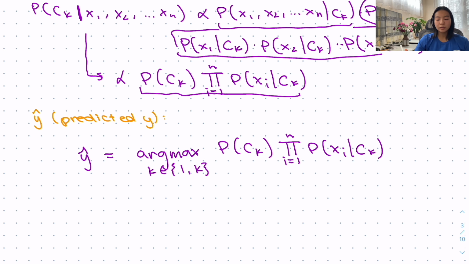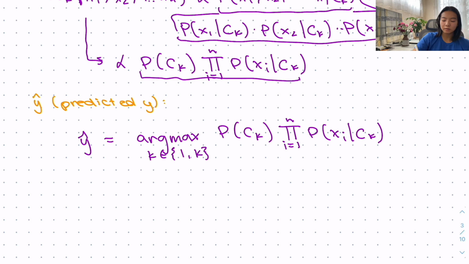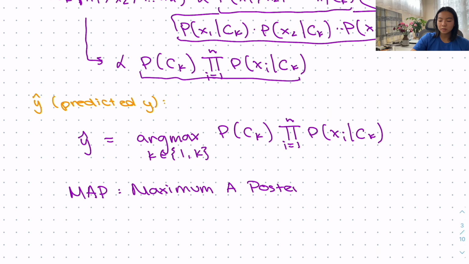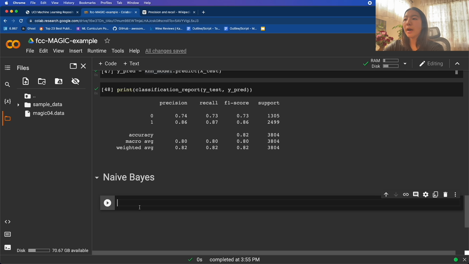So this principle of going through each of these and finding whatever class maximizes this expression on the right is something known as MAP for short, or maximum a posteriori. Pick the hypothesis, so pick the k that is the most probable, so that we minimize the probability of misclassification. All right, so that is MAP. That is naive Bayes. Back to the notebook.